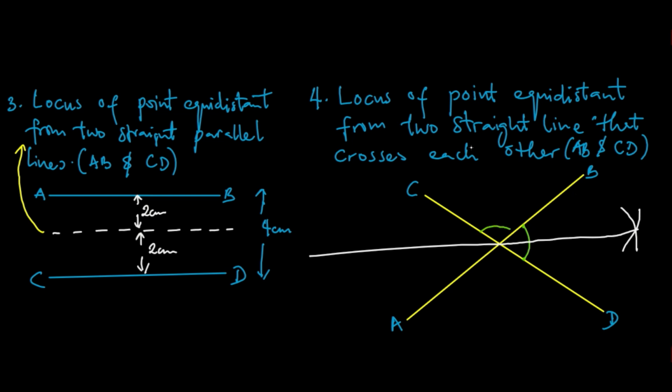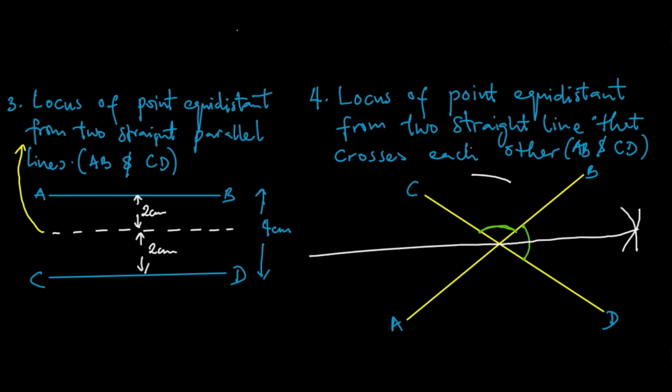The second one also we have to bisect it. You put the sharp end of the compass in that place. Then we put the sharp end there. Then we have the arc.